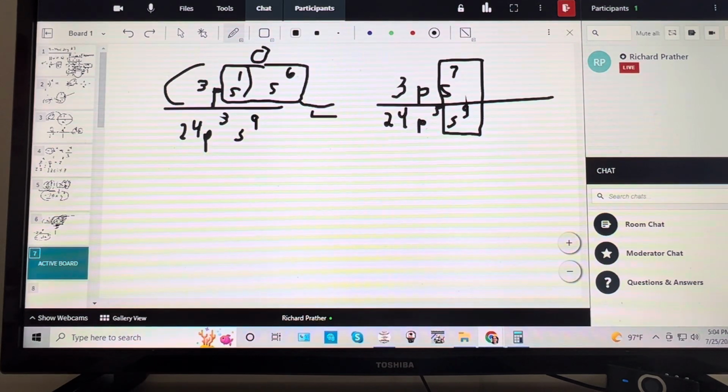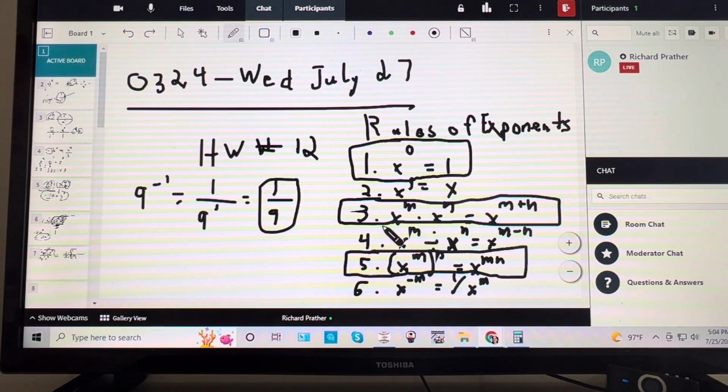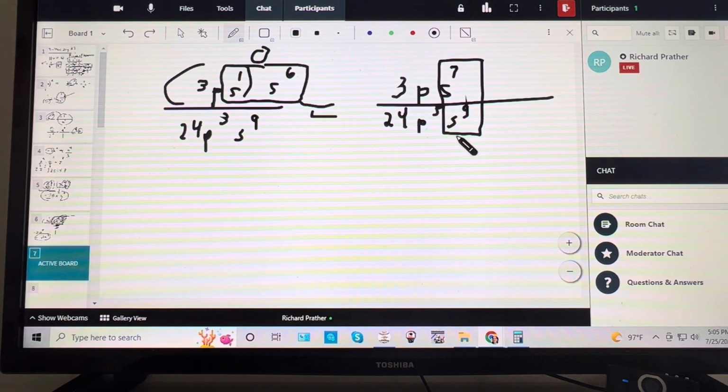That's when you divide powers with the same base, then you subtract their exponents. So what you're really getting is s, base never changes, 7 minus 9, which is -2. This p is blank, so it's a 1, and this is a 3.